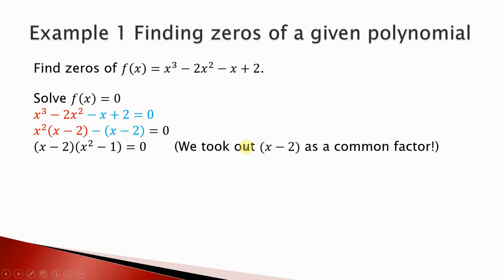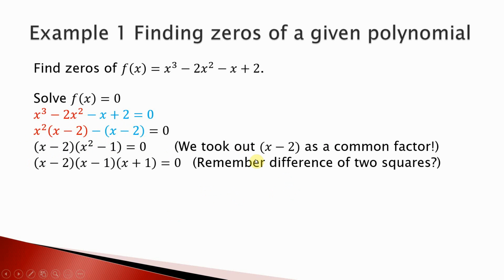Okay, now this is the equation. You can further factor this as a difference of two squares and you will get this. So you have to remember how to factor a difference of two squares. Okay, so you have three real solutions: x equals 2, 1 and negative 1.